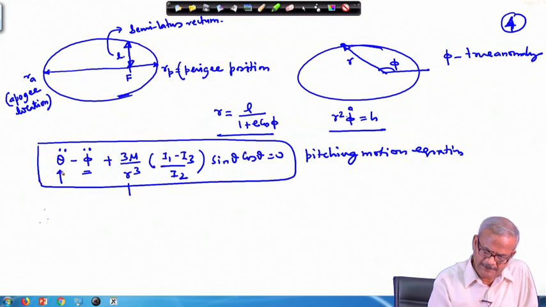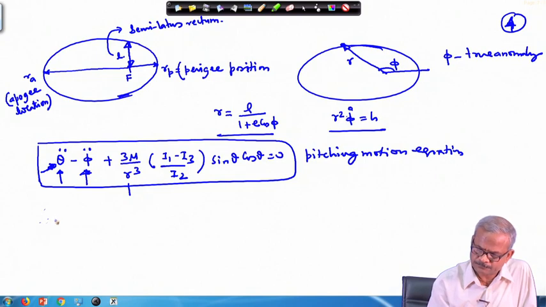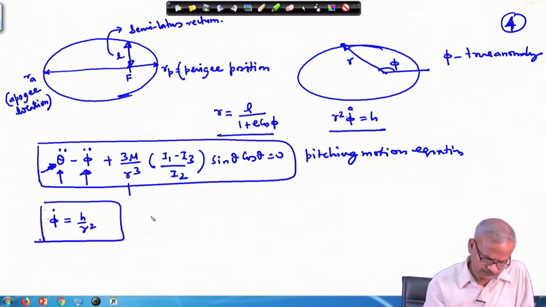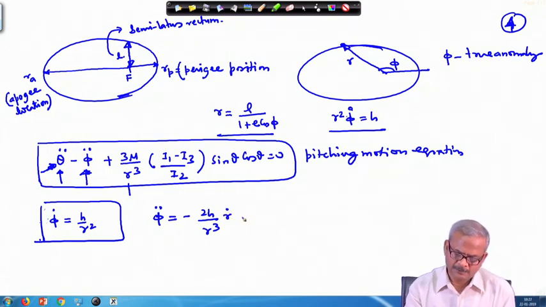This theta double dot is already with respect to the orbital frame, where the changes are taking place. Phi double dot we are interested in finding. So, phi dot is the quantity h by r square. So, phi double dot we can write as minus 2h by r cube times r dot.